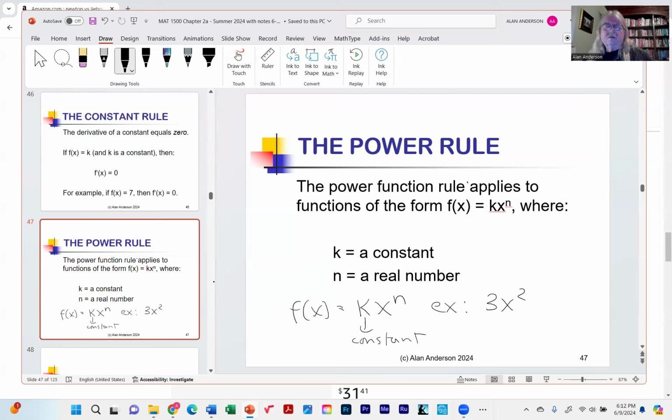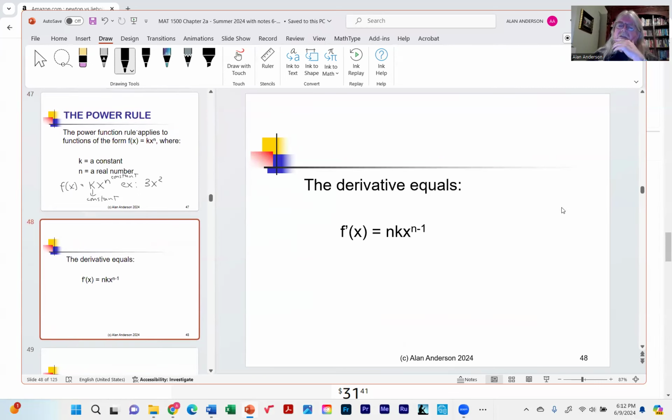This is a constant too, for that matter. I guess the key here, the reason why you make a distinction between the two is that n has to be a real number. The k doesn't. You could take the derivative of, let's say, i times x squared or something like that, although we will not be doing that here.